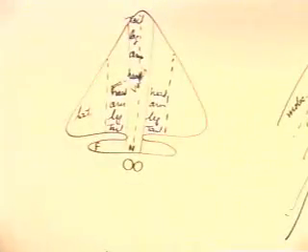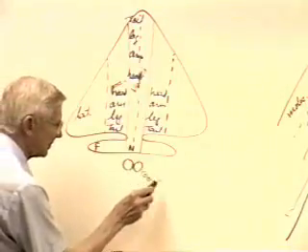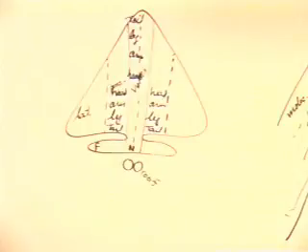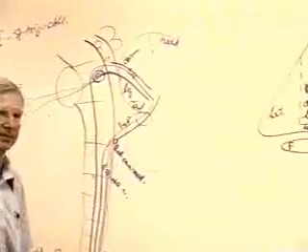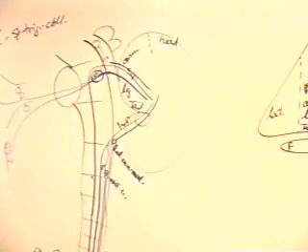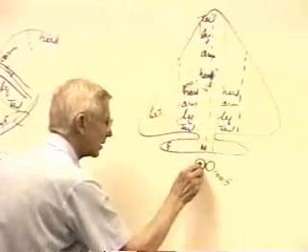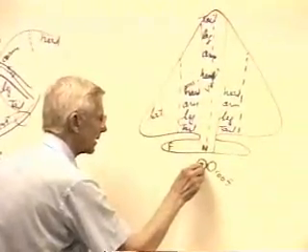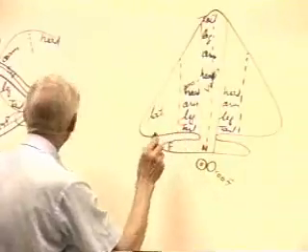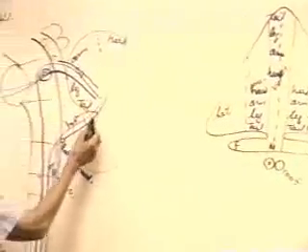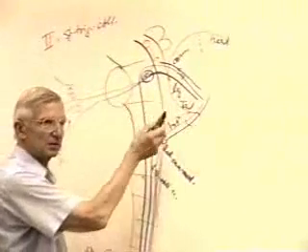The deep nucleus for the vermis on each side is roof nucleus. Roof nucleus is going to project to the vestibular nucleus, coming out through what peduncle?